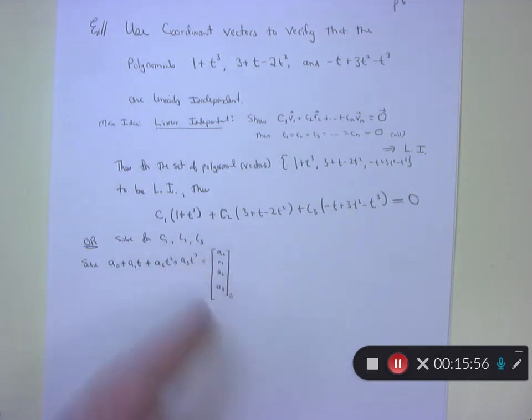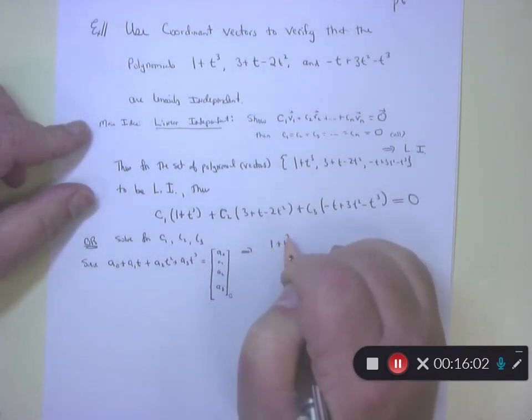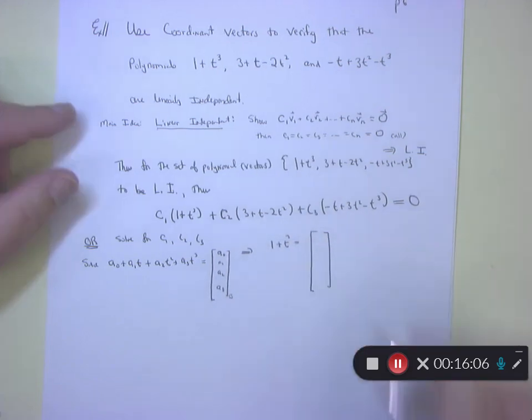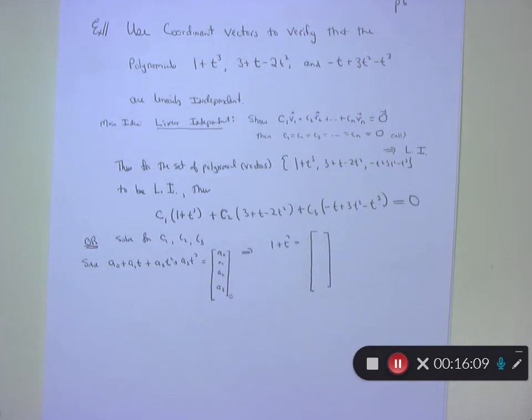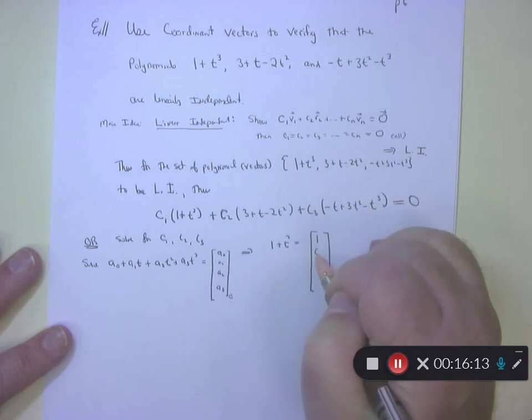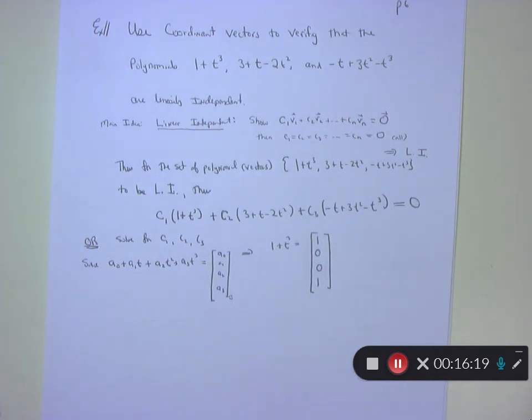These were my coordinates here. I could do this. What would 1 plus t cubed be equal to? What would its coordinate vector look like? Well, the constant is 1. There is no t. There is no t squared, but there is a coefficient of 1 on t cubed. Does that make sense?